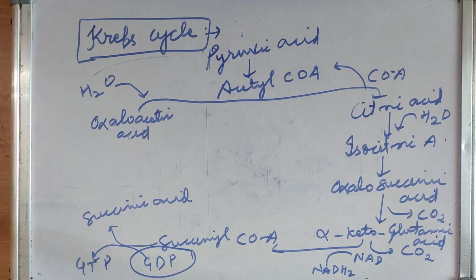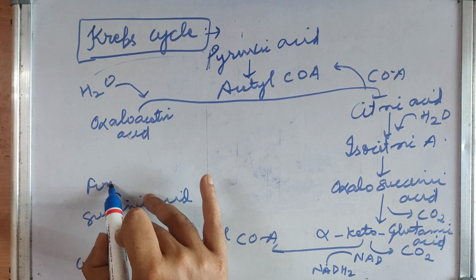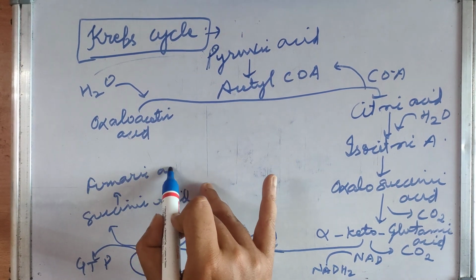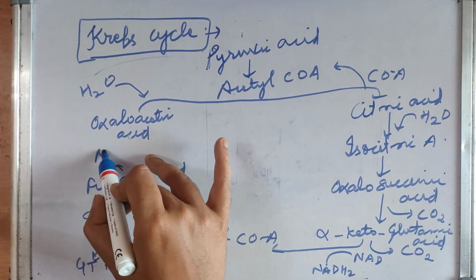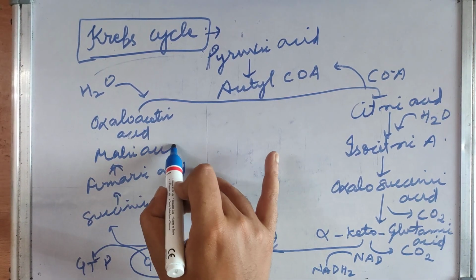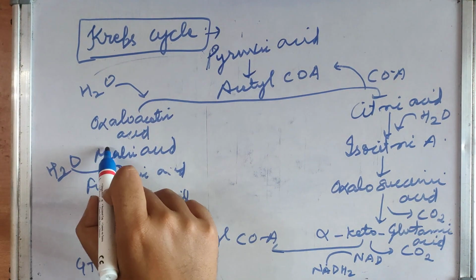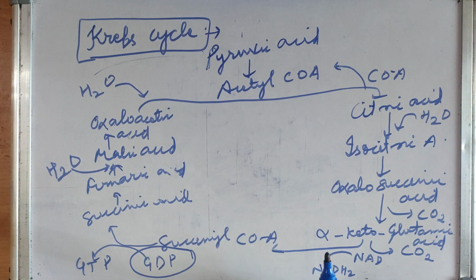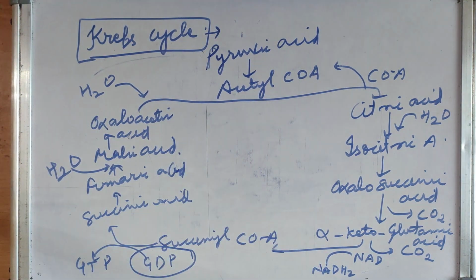This GTP is another GTP, like ADP and ATP. Then succinic acid converts into fumaric acid, and fumaric acid converts into malic acid. Here again H2O, that is water, is added. This malic acid again converts into oxaloacetic acid. So this cycle continues, and this is what we call the Krebs cycle.